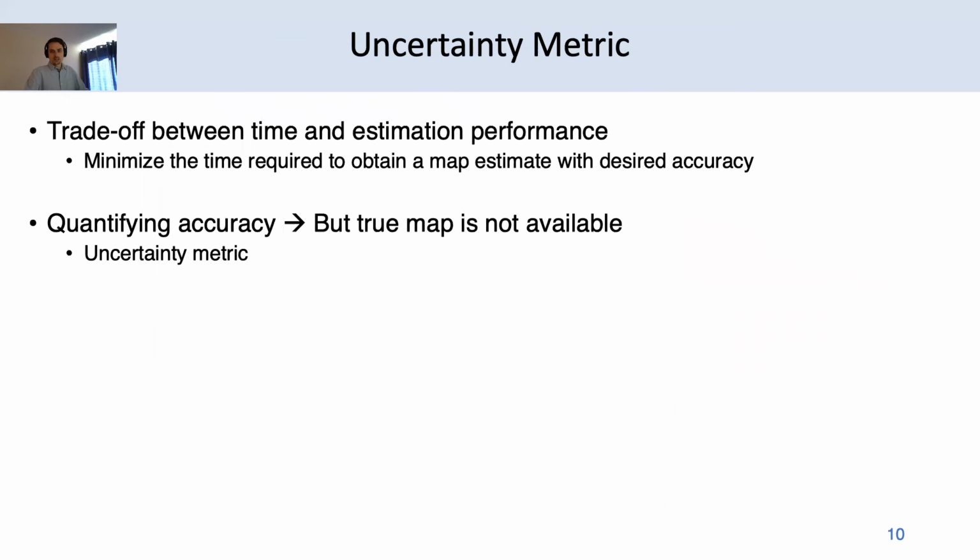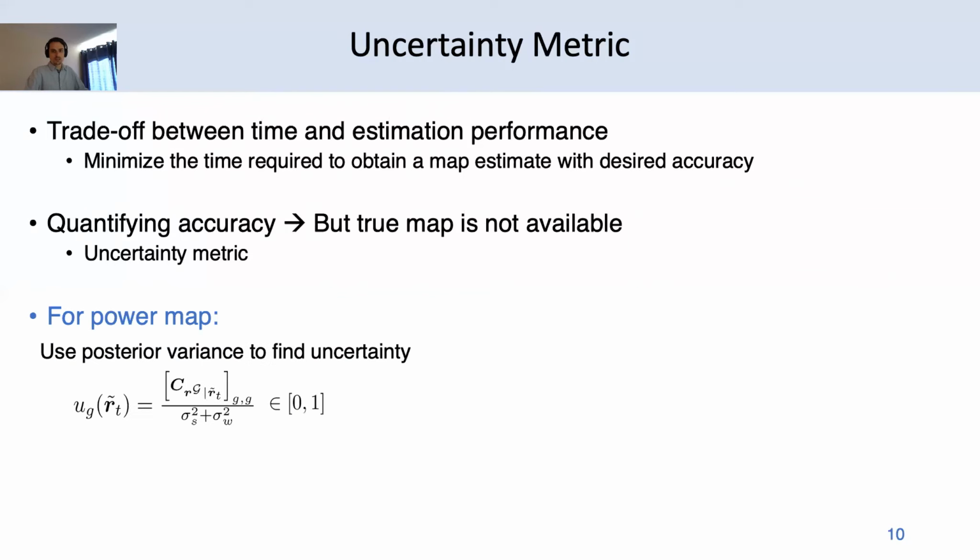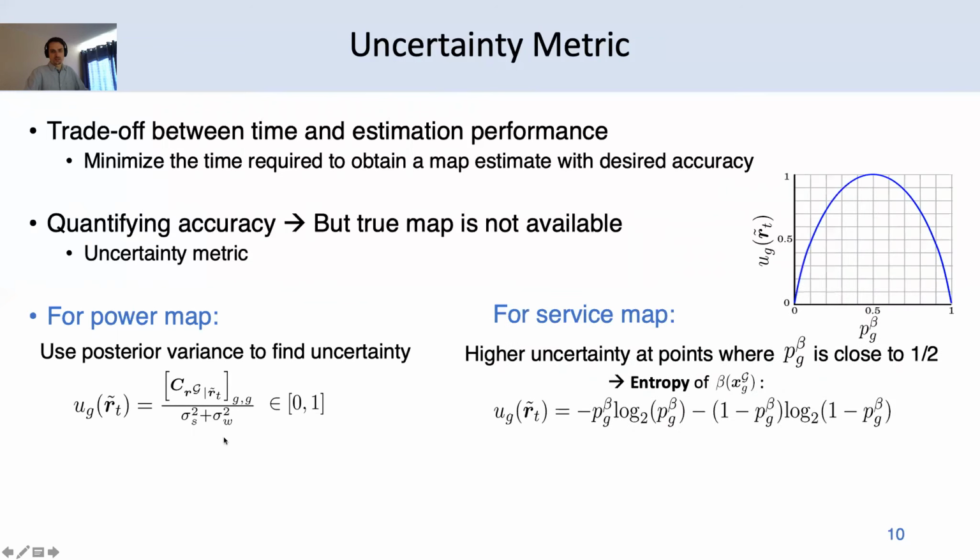So, as indicated earlier, one needs an uncertainty metric to identify those locations where a measurement can be most informative in order to minimize the length of the measurement operation. So the question is how to quantify uncertainty, right? For a power map, the most natural metric seems to be the posterior variance, perhaps normalized to lie between 0 and 1.